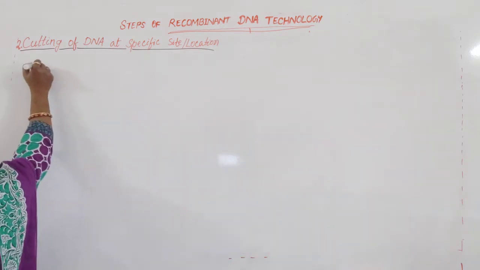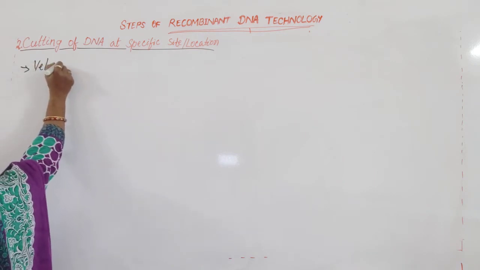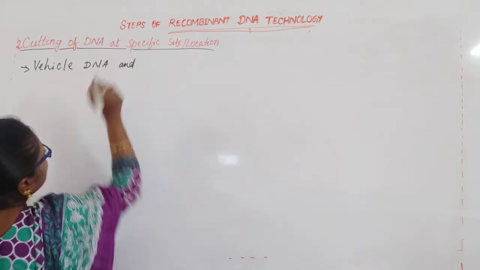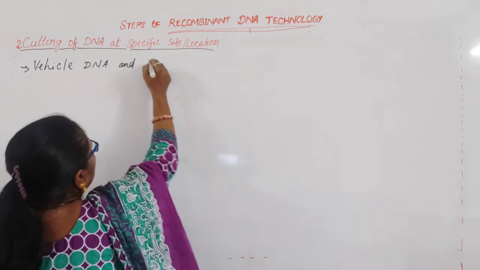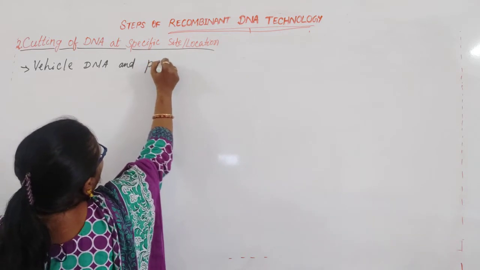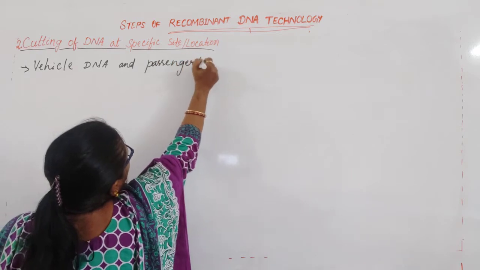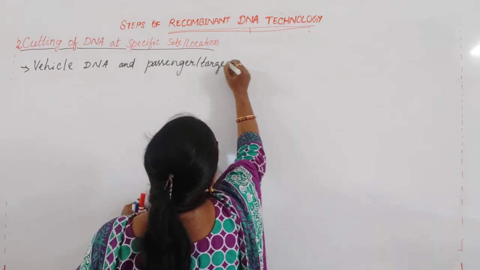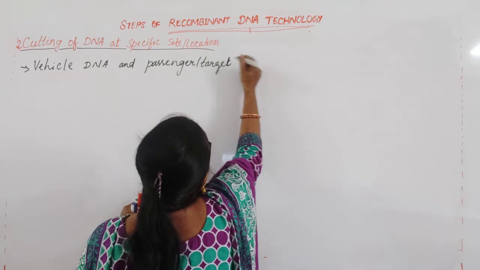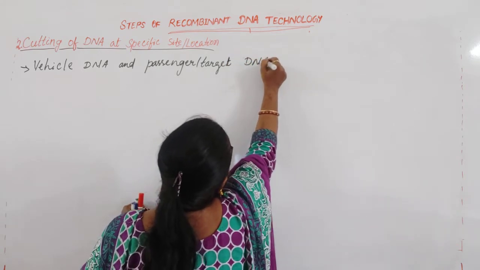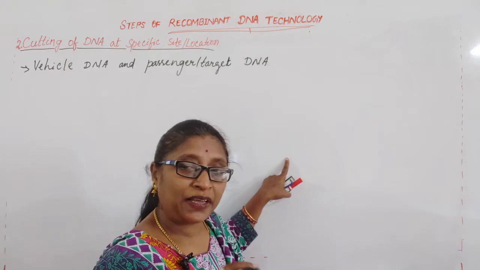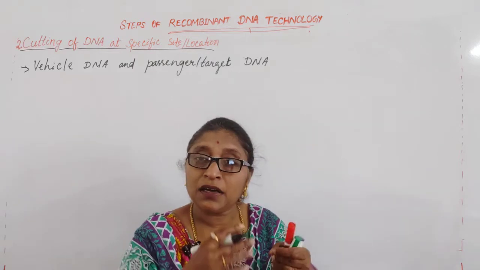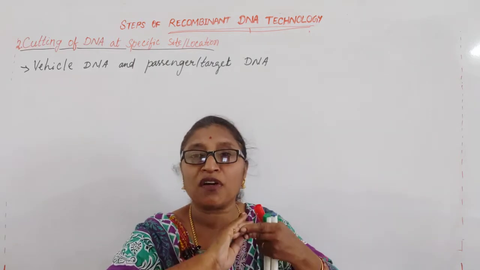So the vehicle DNA and the target, desired or foreign DNA, the passenger or target DNA, can be digested separately, but by using the same restriction endonuclease, so that they can have the complementary sticky ends or blunt ends.